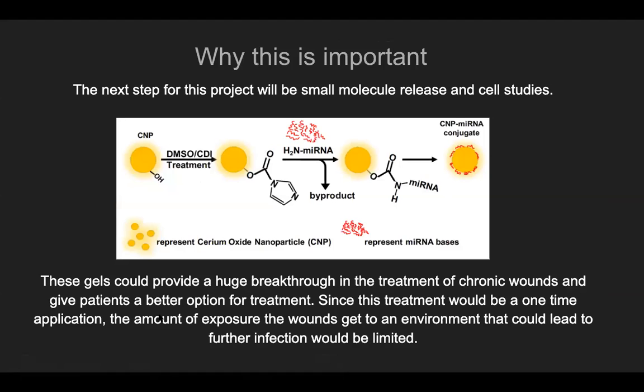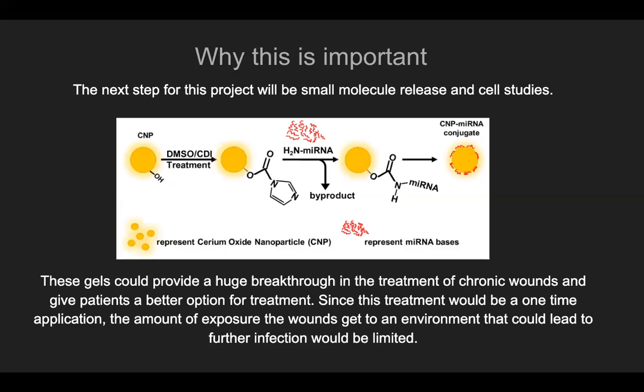So the next step for this project would be a small molecule release, and then also cell studies. We need to make sure that when we insert the drug into the gel, it's a slow release of the drug from the gel, so that it's not all releasing the drug at once, because we want the wound to be receiving the beneficial drug factors for a prolonged period of time instead of just one application.